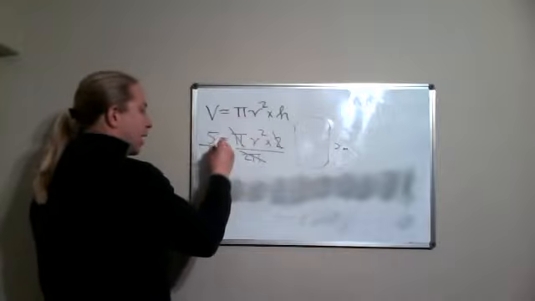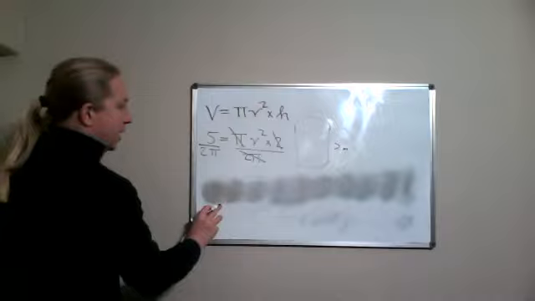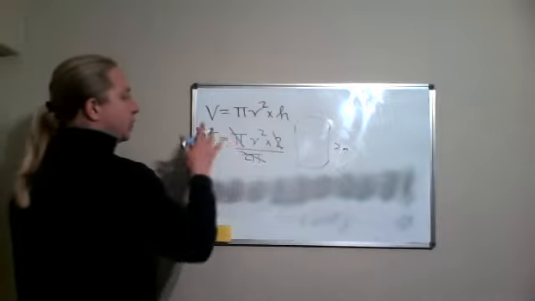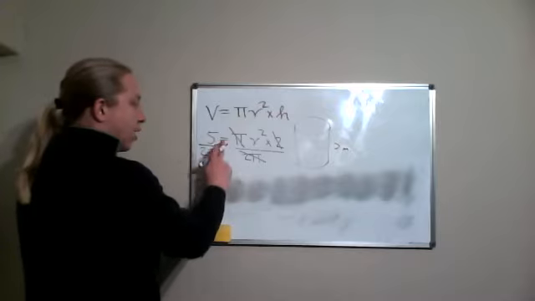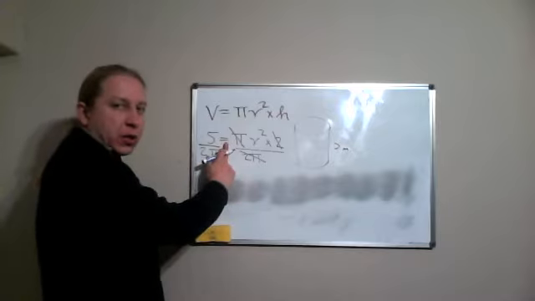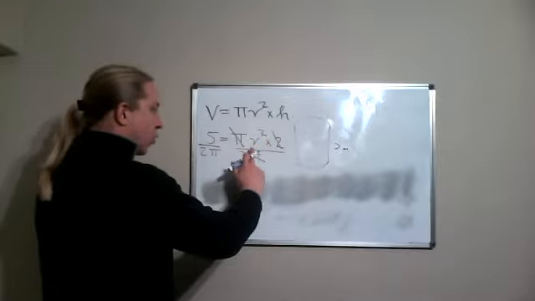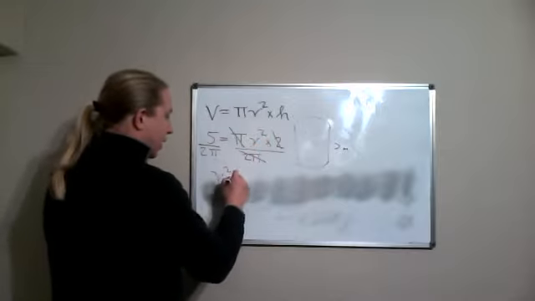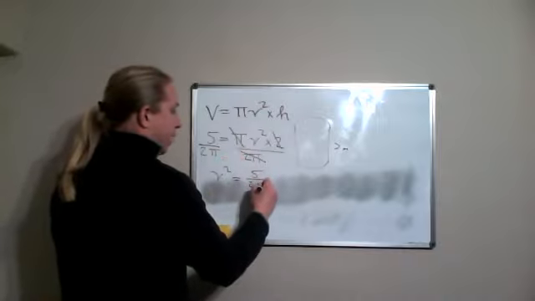Whatever I do on the right, I do on the left. I also like to flip things around because your variable needs to appear on the left. And remember, equality means equal, so the two sides are exactly the same. So this leaves me with r squared equals 5 over pi.